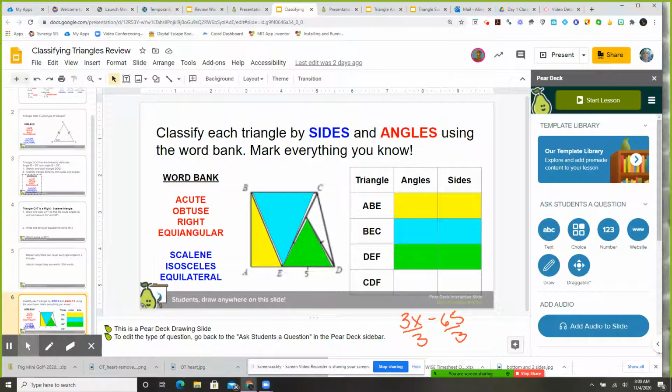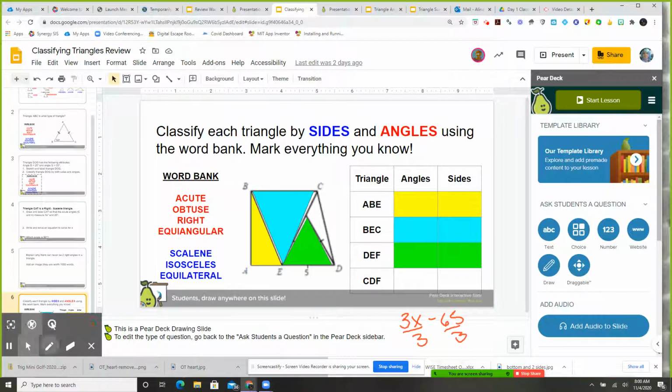Scalene, I love it. It's scalene because all three sides are different. And it is right because I've got a right angle right here. I'm always tempted to say that one's acute, but it is right and scalene.